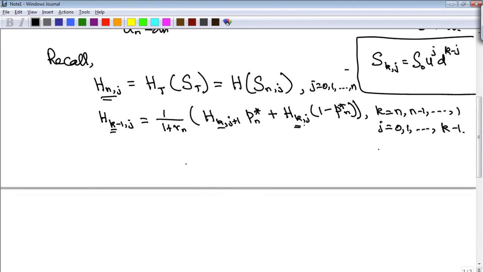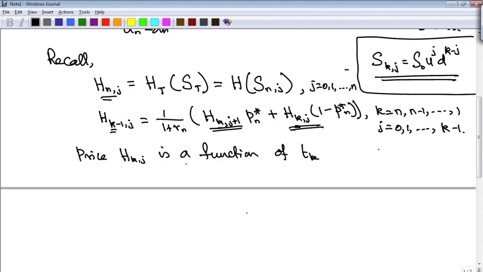It means the price h depends on tk and also sk, because every time step we are using this. Okay, and h_{k,j+1} is a function of s_{k,j+1}, and similarly h_{k,j} is a function of s_{k,j}, and therefore h is a function of tk and sk, right?